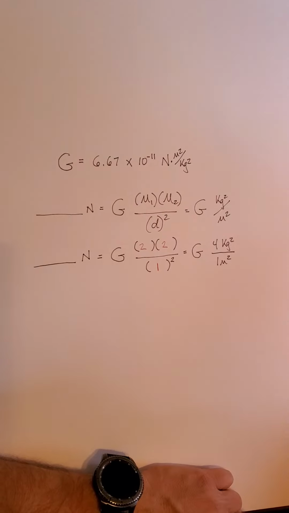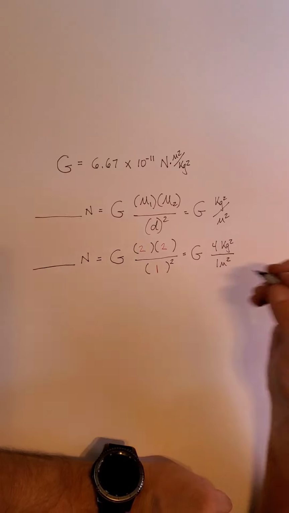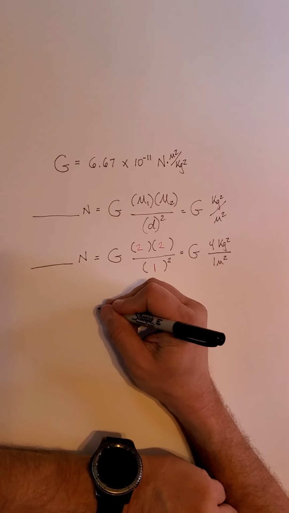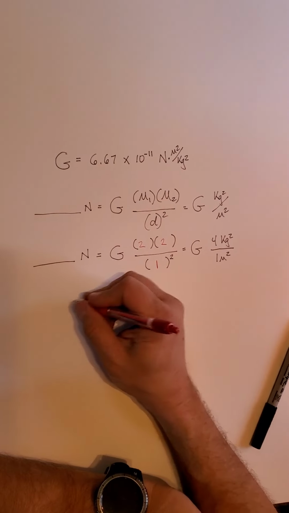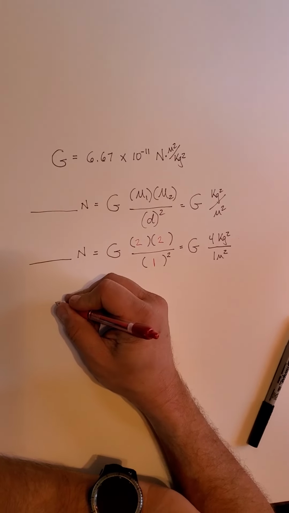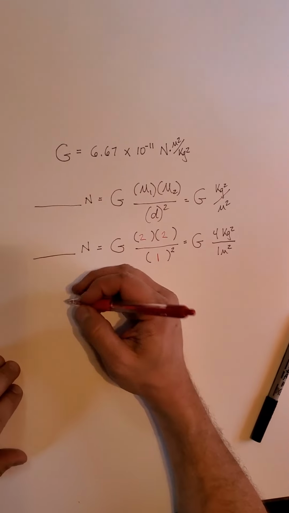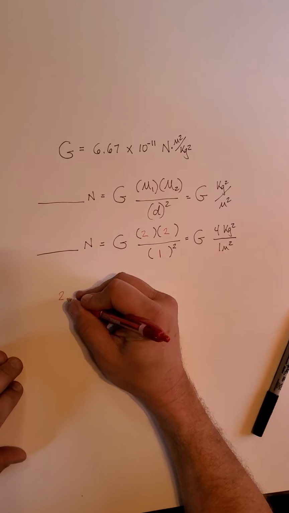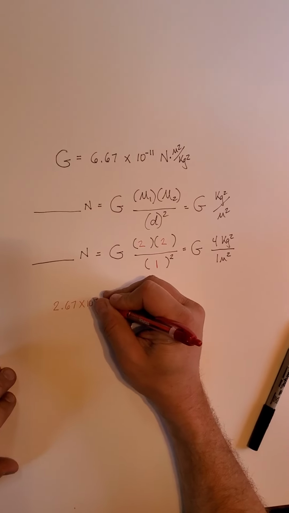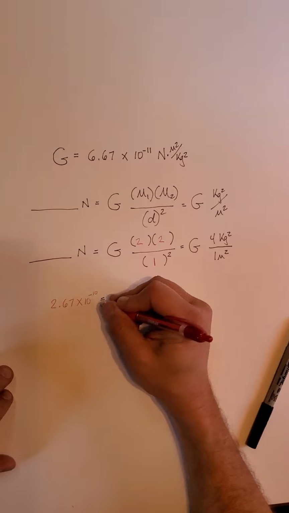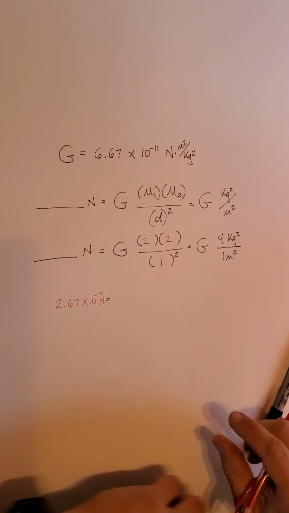Now, whenever I put these numbers into the PhET applet, the number that I got was 2.67 times 10 to the negative 10 newtons of force, is what it says on the applet at the top.